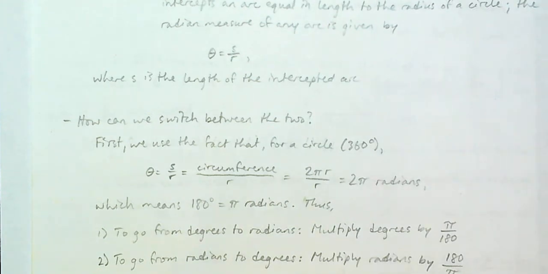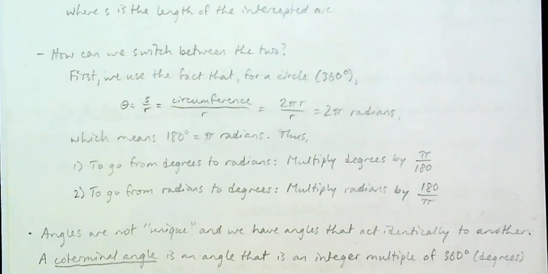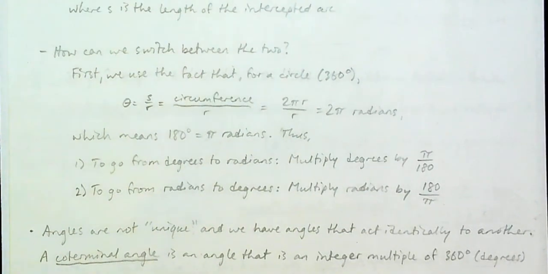So the question is, given these two forms, degrees and radians, how do we switch between the two? Well, first, I don't think it's a mystery that there are 360 degrees in a circle. I'm pretty sure that's all standard knowledge by now. So I want to find what is the radian equivalent of that.